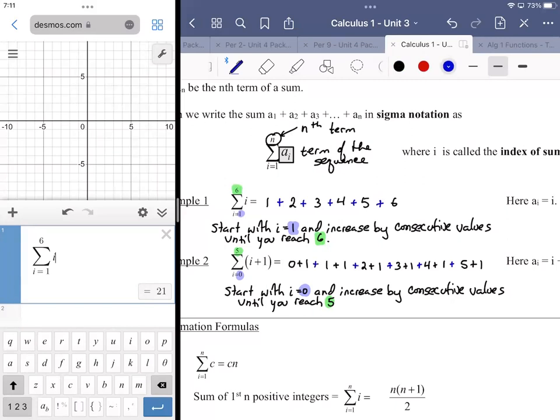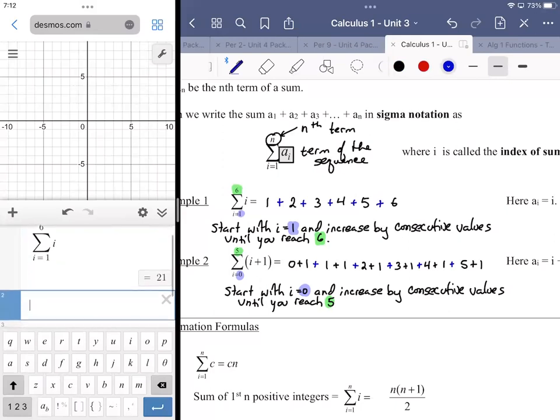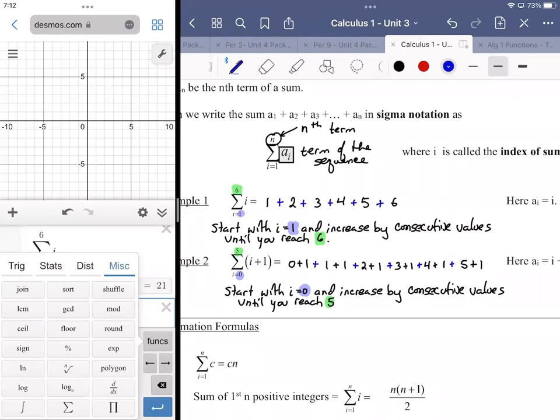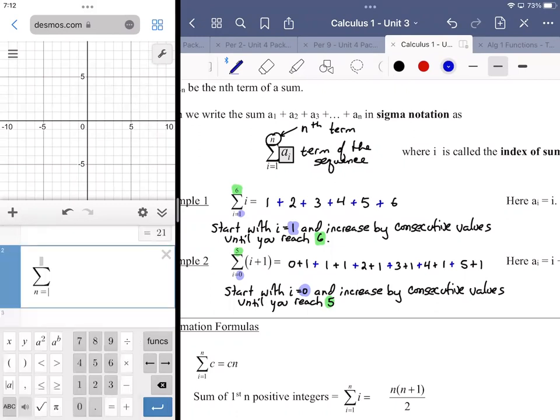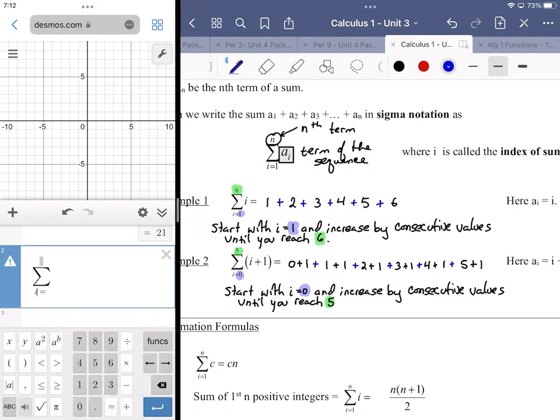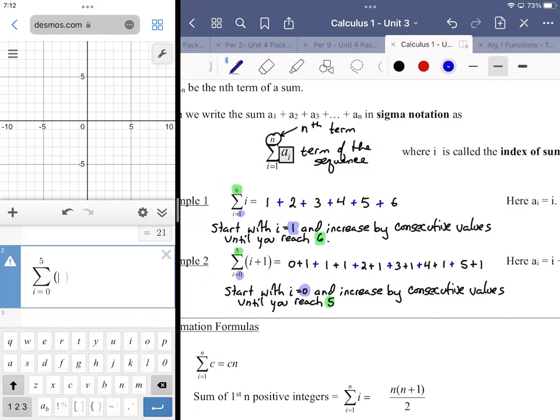But then you start to realize that in some cases, you could have two different looking summations that give the same result. Because once you simplify this a little bit, you realize you're just adding the numbers 1, 2, 3, 4, 5, and 6 again. But maybe you don't recognize that and you pop it all in, and start with I equals 0, going up to 5 instead of from 1 to 6.